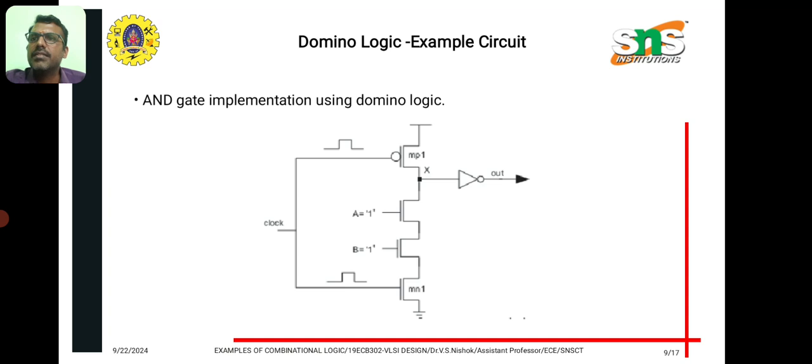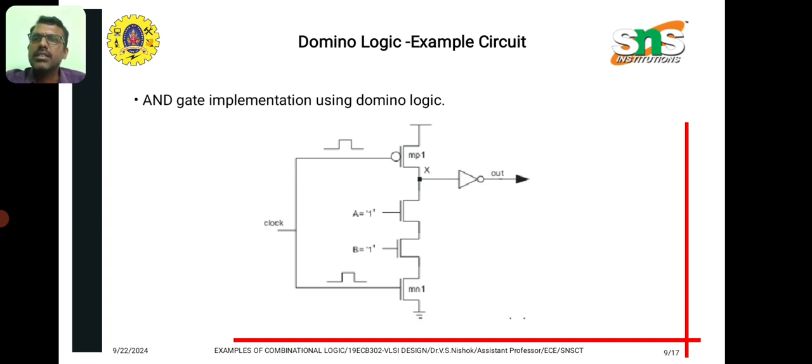We are seeing the example here. We can implement this domino logic circuit in non-inverting gates, that is, AND gate and OR gate likewise. Here we have taken an example AND gate.